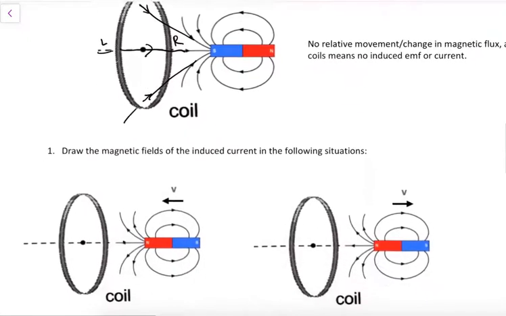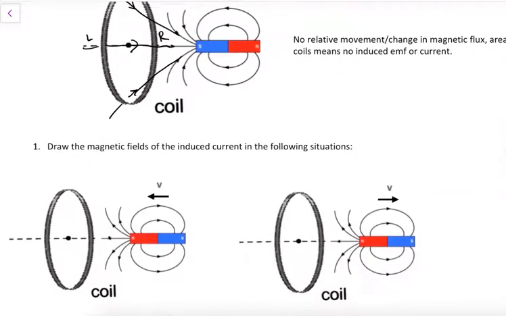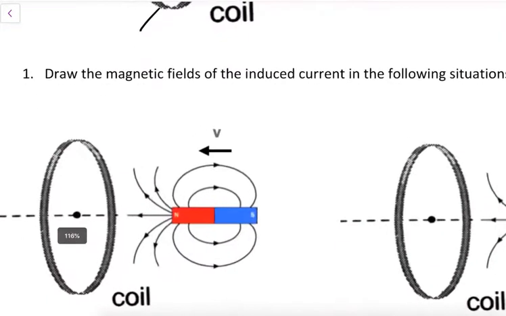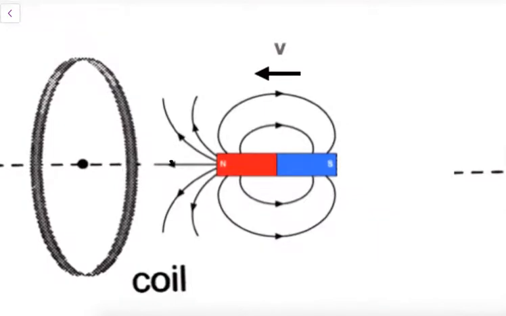All right, so in the situations below, first we're going to draw the magnetic fields of the induced current in these situations. So we have a North Pole that is going to be entering this coil, and it enters it in this way, right? And we'll just imagine that this one's going this way.